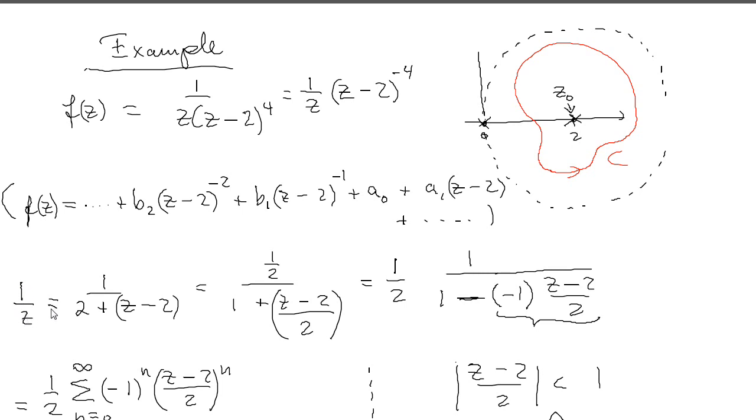1 over z can be written as, I want this to be some series in the powers of z minus 2, and I know this from before. This will be a geometric series if I just change the denominator by z minus 2, and I must add 2 because otherwise I don't get this equal to z. So I'm doing this trick.